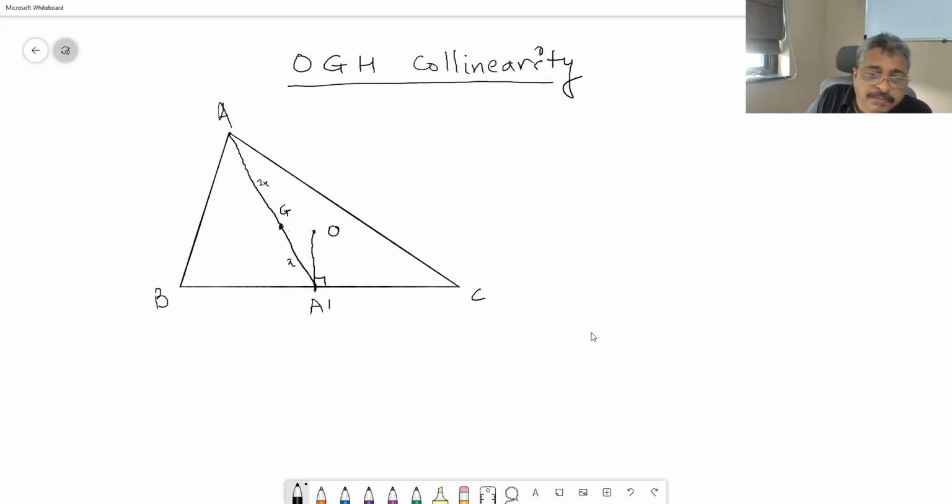Therefore, if we join O and G and extend it double, suppose this distance is y, we take this distance 2y, then the point that we get, we join with A.